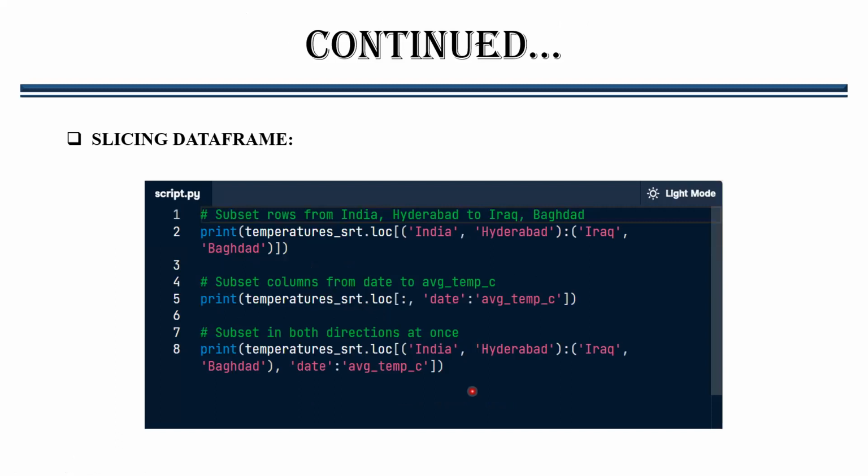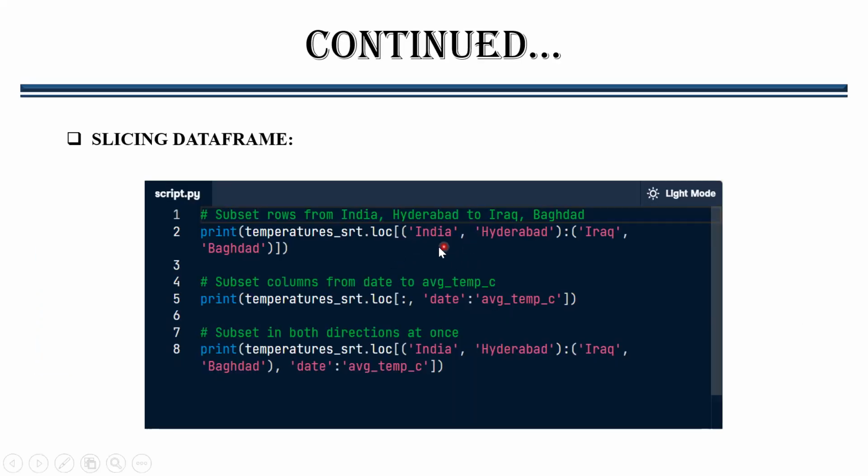So slicing data frames. We can slice data frames using the dot loc statement. If we want to slice a data frame, we will use key and value pairs. Keys and value pairs are start and end values of indexing.